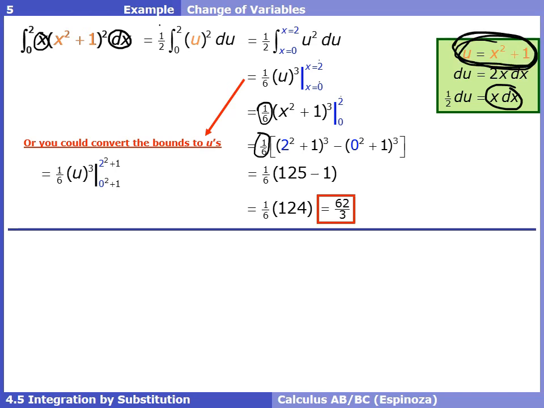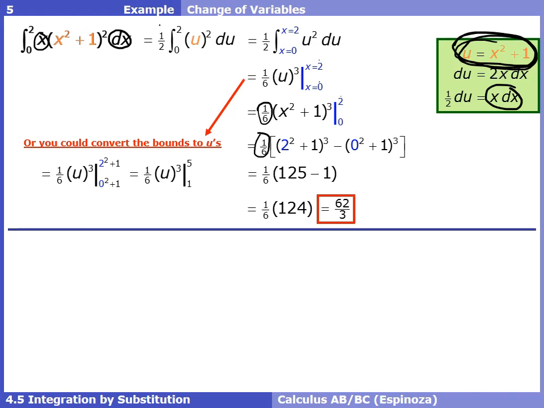Since we know u is x squared plus 1, that would mean the upper bound of 2 would be 2 squared plus 1, and that would be a u value. The lower bound would be 0 squared plus 1, and that would again now be a u value. So those two new bounds are 5 and 1.